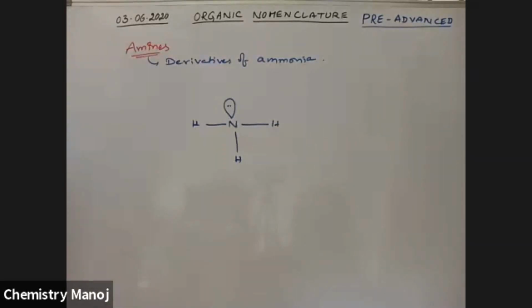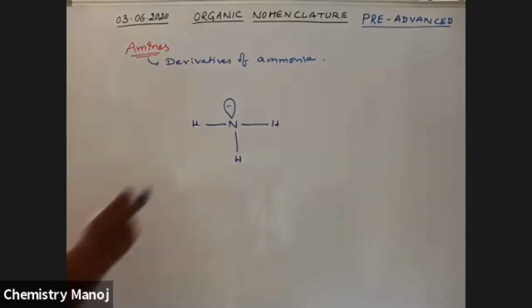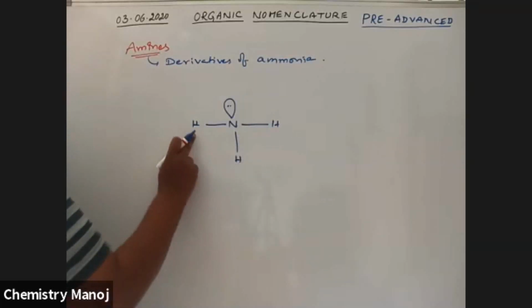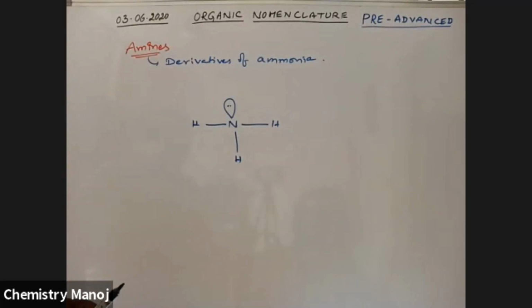This is ammonia. Now, nitrogen is attached to 3 hydrogens. These 3 hydrogens are replaced simultaneously with alkyl groups.